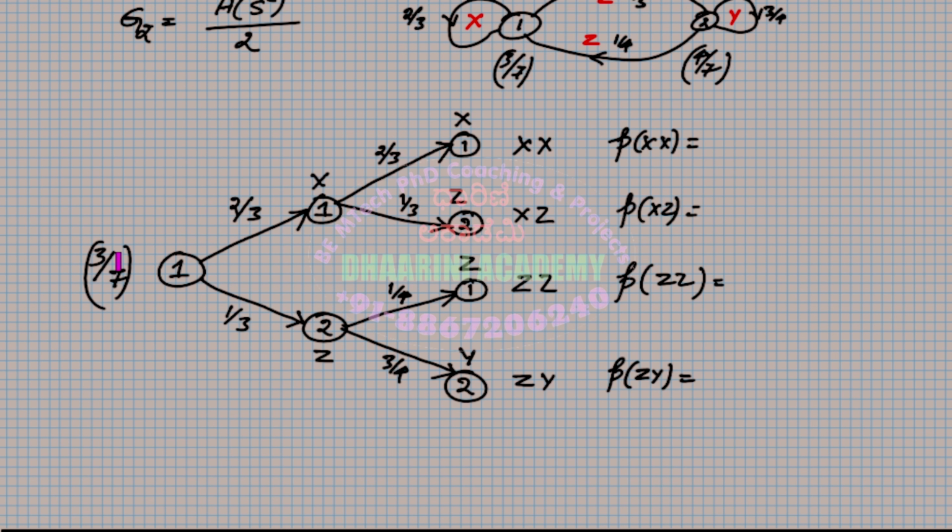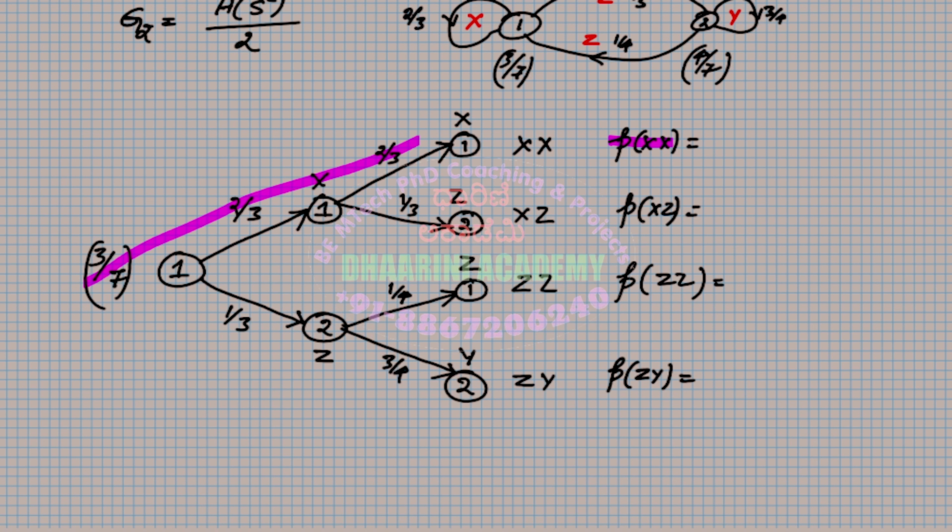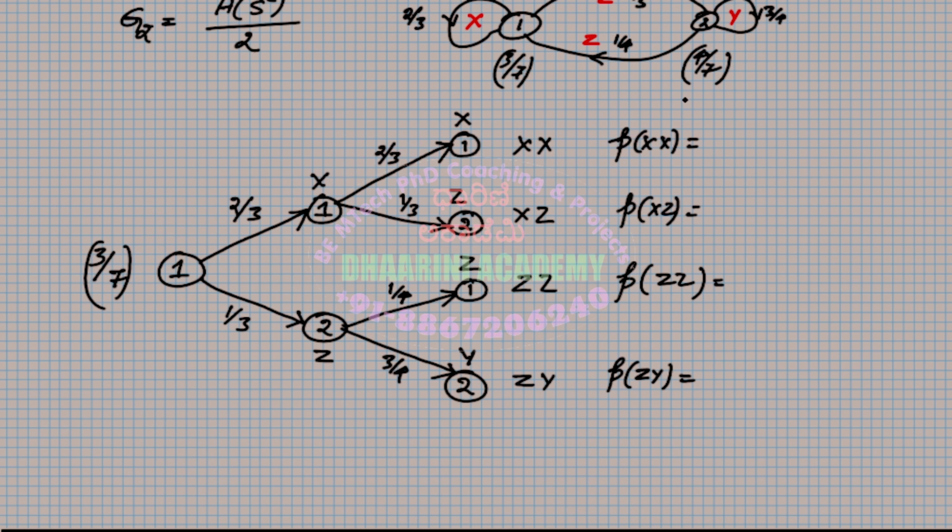Multiply all the probabilities you get along the path. For example, XX is 3 by 7 into 2 by 3 into 2 by 3. So that's what will be this. Is it okay? So anyway, let me write that. You keep calculating them. All right, so I have 3 by 7 into 2 by 3 into 2 by 3.